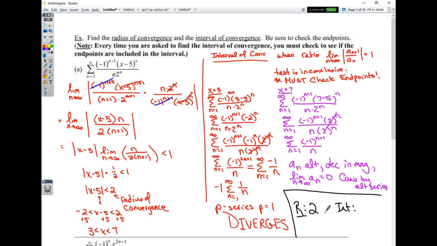If the radius is 2, and my center was 5, what are my two numbers I'm between? 3 and 7.